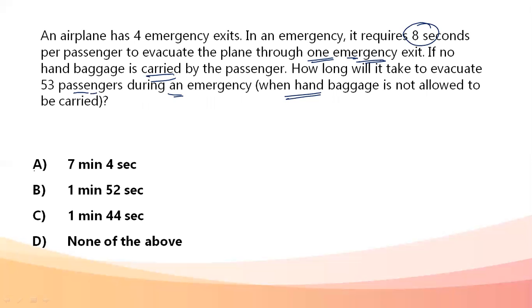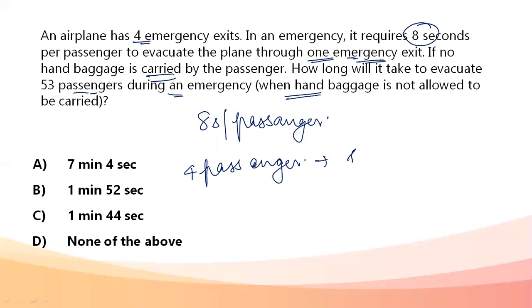Now it requires 8 seconds per passenger to pass through those gates, and it is already given we have four emergency exits. Since there are four emergency exits, four passengers can go out simultaneously.